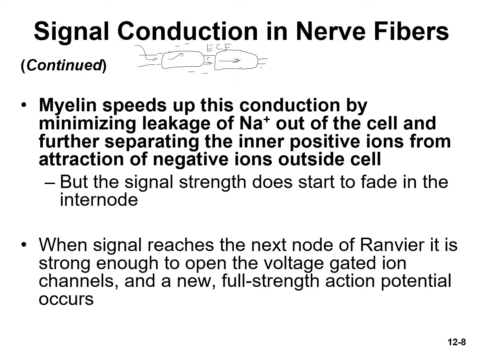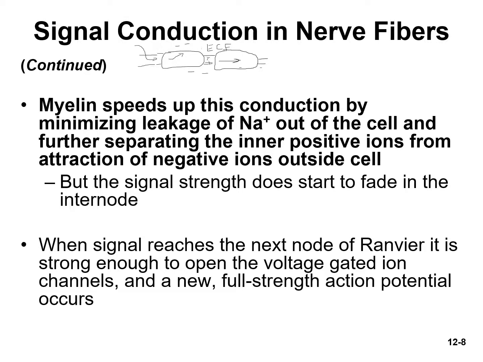So there's less of an opportunity for them to essentially be pulled away from the middle of the axon by their oppositely charged counterparts outside the cell. So the myelin is going to speed up that conduction by minimizing leakage of sodium out of the cell for one, and then also further separating your inner positive ions from attraction of your negative ions outside the cell.